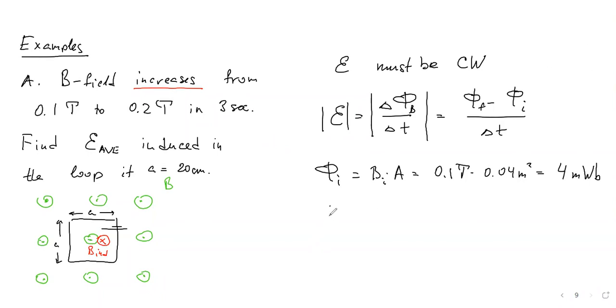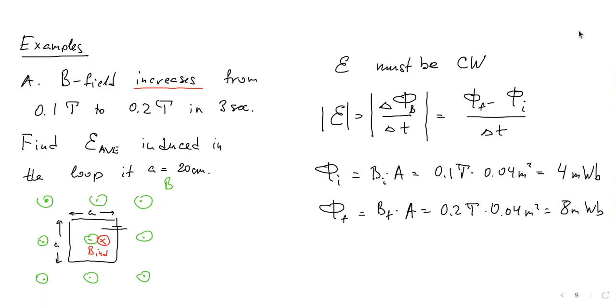What will be the final flux? The final flux means when your magnetic field has increased already. Just double this. Final magnetic field 0.2 Tesla, the same value for the area. So 8 milliweber. Then I can plug this in. I have the change in the flux in the numerator and the time of the change, and this happened in 3 seconds.